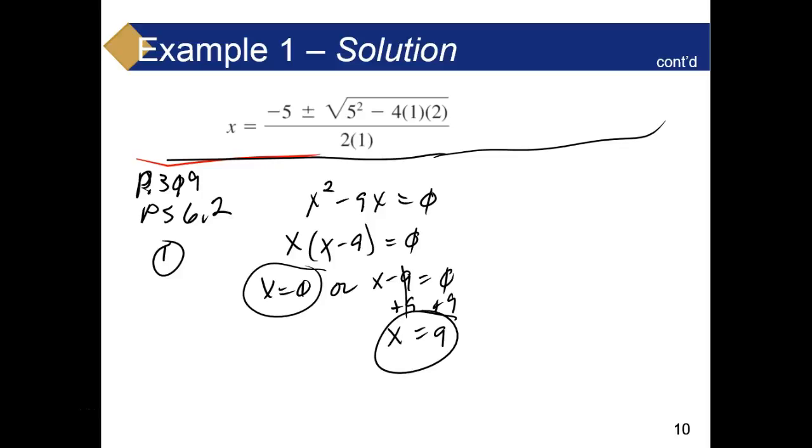Those were the homework exercises I assigned. I didn't assign any homework exercises that had radicals or i's. Okay? Yes? On that page? Number 7. All right.